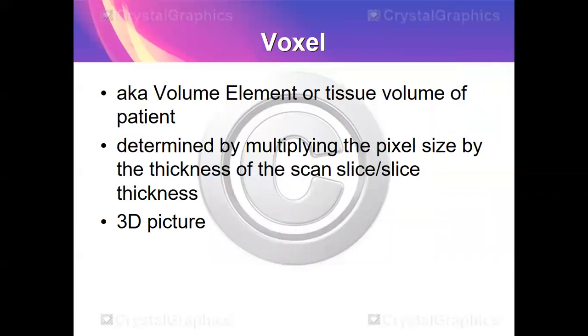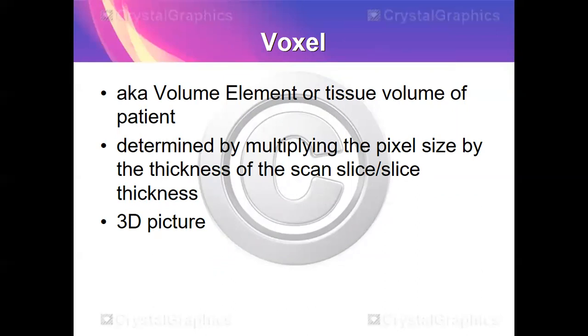So, another term for voxel is volume element, or pwede rin siyang tawagin tissue volume of patient. We can calculate the voxel by multiplying the pixel size and the thickness of the scan slice, or slice thickness. So ibig sabihin, voxel is equal to pixel size times slice thickness.